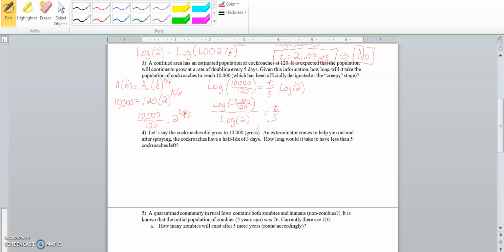And we get T over 5 is equal to log of this fraction, 10,000 over 120, divided by log of 2. All we do is get a decimal answer for that. Take that number times 5, and we see T equals 31.92.